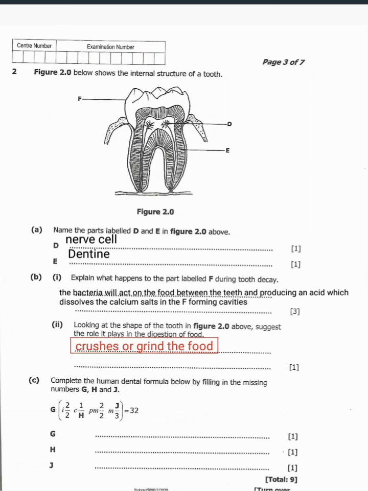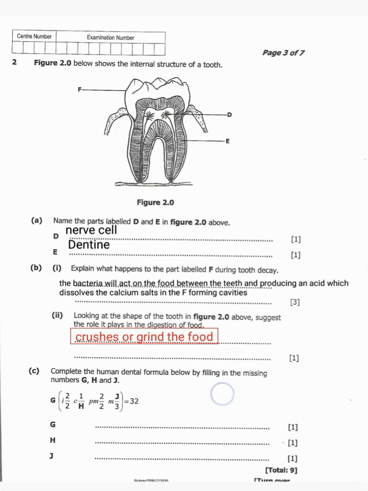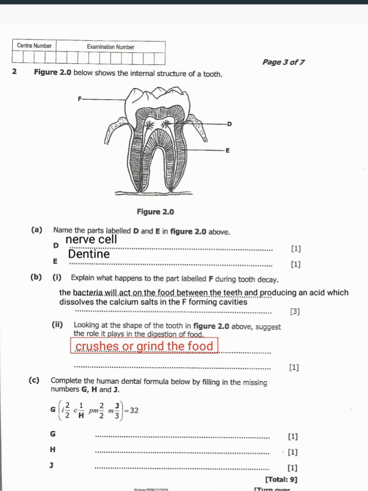Okay, let's come to the last one. We're saying complete the human dental formula below by filling in the missing numbers G, H, and J. It is very important to understand the teeth in a normal human being. For instance, when you look at the dental formula, the first one there, the incisors, we have 2 up, 2 down.